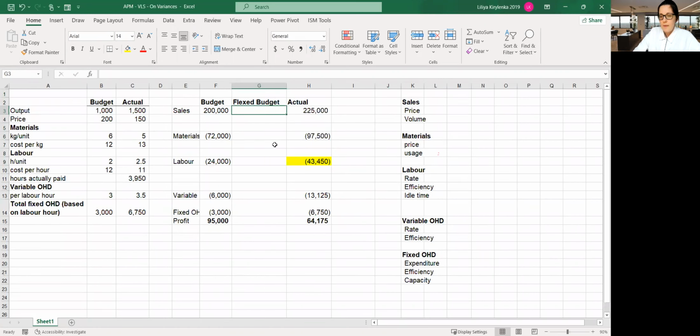We take the materials that are here. So we take the budgeted materials usage, multiply that by the actual quantity, and multiply that by cost per kilo.